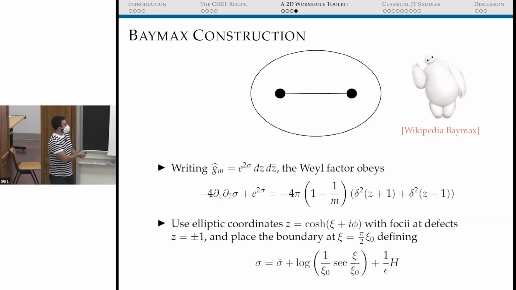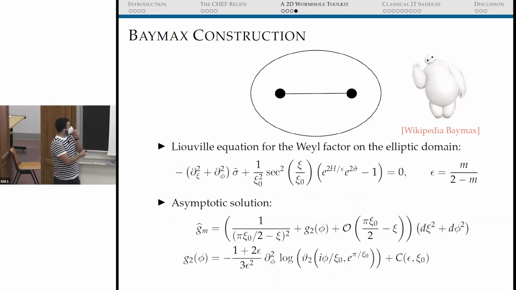So basically, by introducing this new Weyl factor, I'm solving already for the asymptotic divergence at the boundaries and also the defects. So I'm going to end up with some regular differential equation for sigma tilde. And this equation is this one.